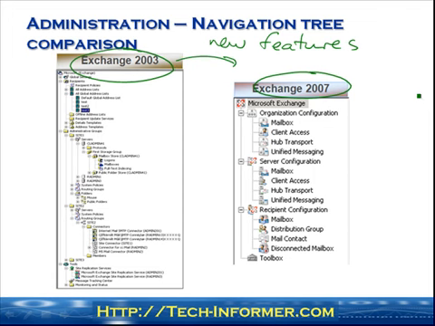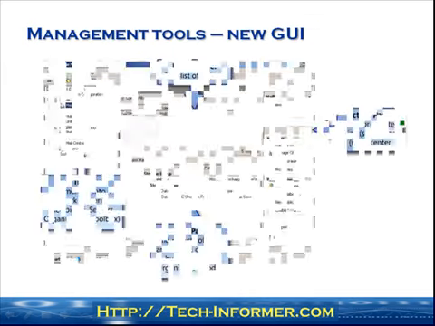What I'm getting towards here is that even though this may look like a very simple interface, don't think that it's limited feature-wise. You can still do everything you could do in 2003 and much more. It's just been consolidated, that's all.